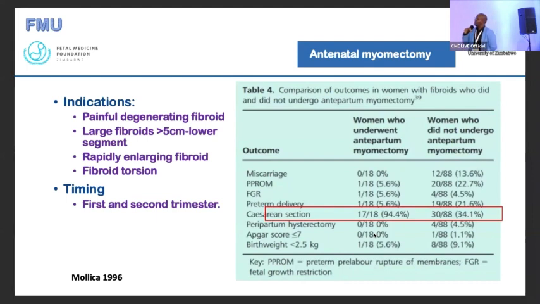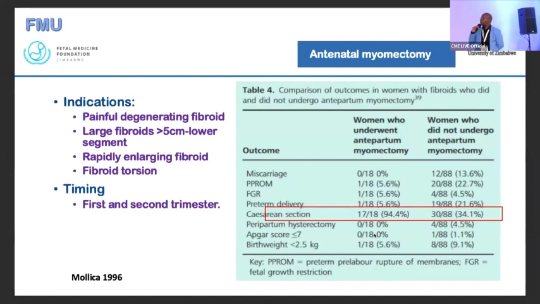Women who had myomectomy had 0% miscarriage. They looked at 18 patients, 0% miscarriage rate. And 12 out of the 18 had miscarriages in the women who did not undergo myomectomy, which was 13.8%.